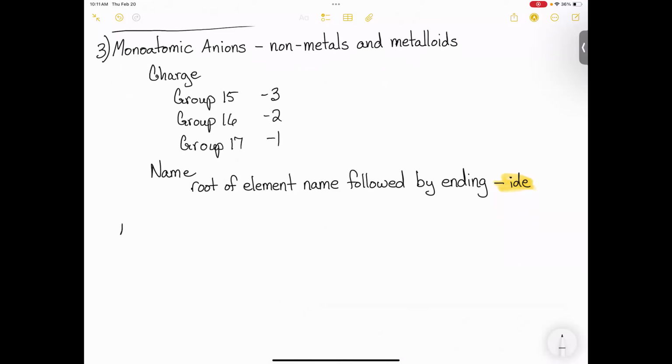Okay, so let's look at N3-. We're talking nitrogen, so this becomes nitride with the -ide ending. P3- is phosphorus, so this becomes phosphide. As3- is arsenic, so this is arsenide.